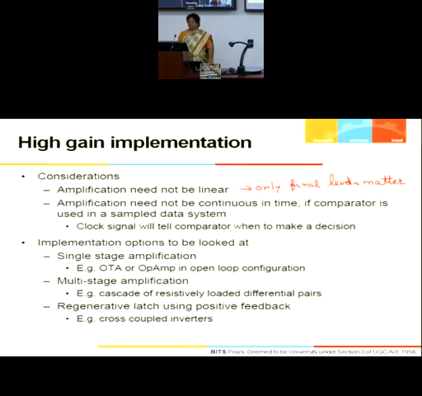Fine. So you can either go for a single stage comparator, multi-stage comparator, or comparator with regenerative latches. That is mixing digital with analog circuits, the use of cross-coupling. You can also go for a fully digital implementation of a comparator.